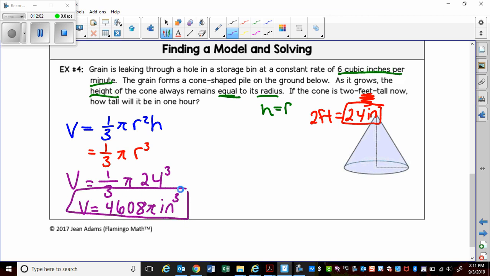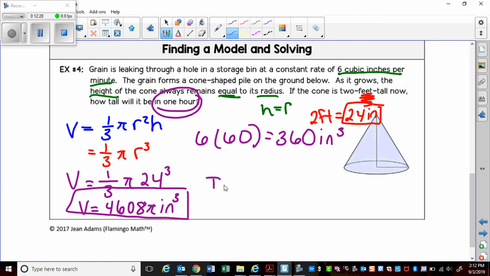This is not it. Now, they're saying that it's going to get bigger. My rate is going to be 6 inches per minute, but they want to know after an hour, which is 60 minutes. So 6 inches per minute times 60 minutes is 360 more cubic inches that we're going to have to add to this.